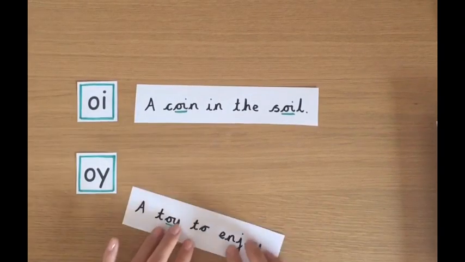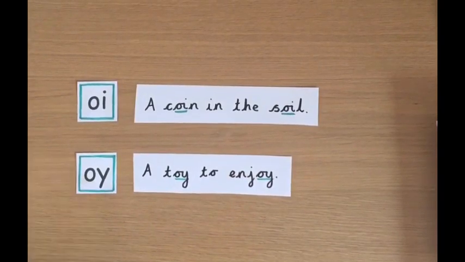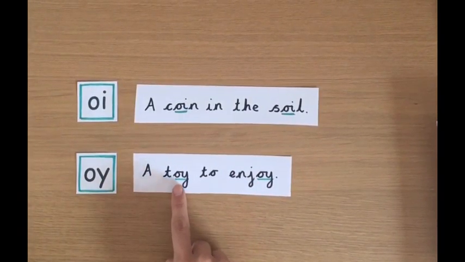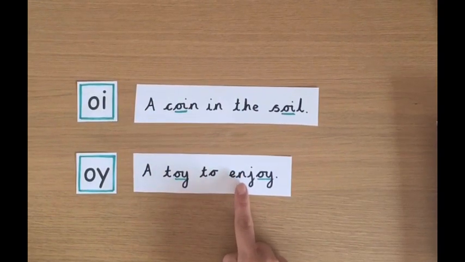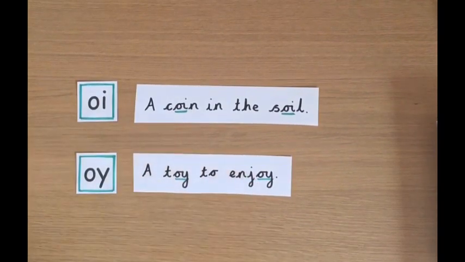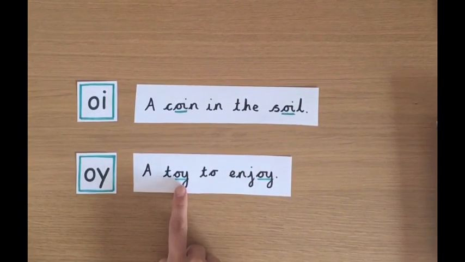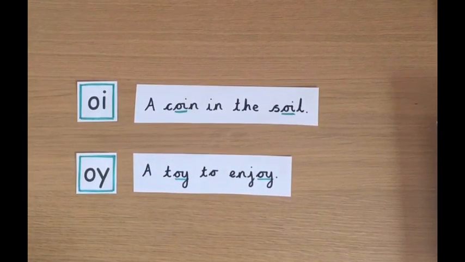But if we look at the sentence for this oi, which is a toy to enjoy, a toy to enjoy. Again, I've put a little turquoise line underneath the oi sound. And what do you notice this time?